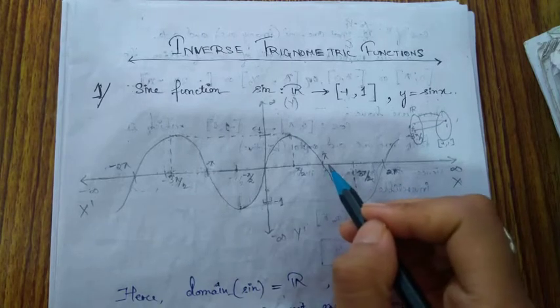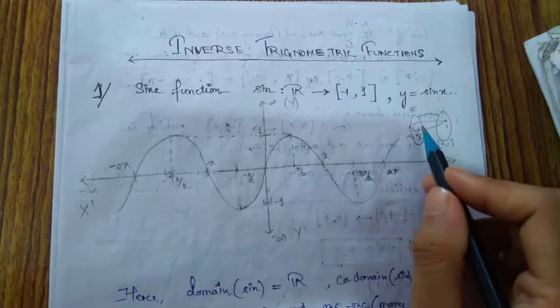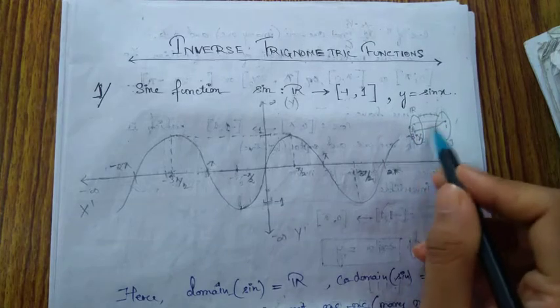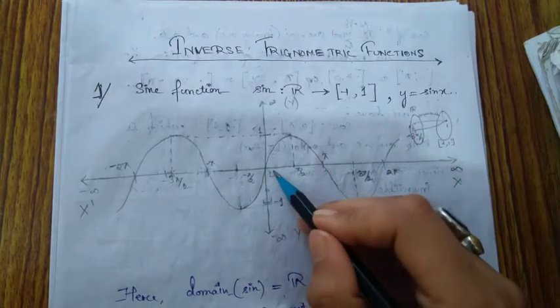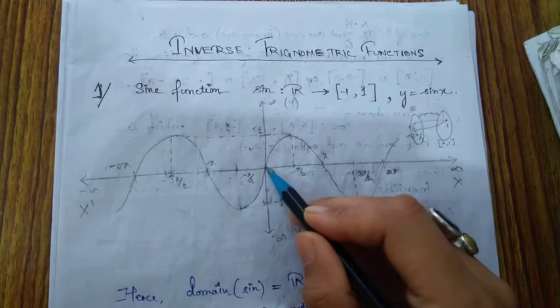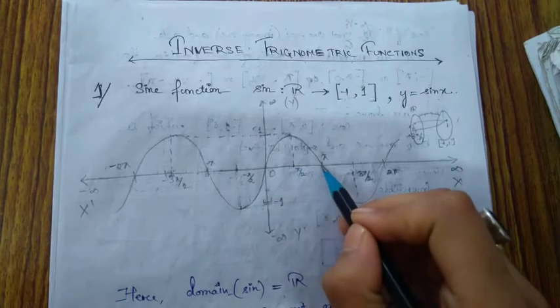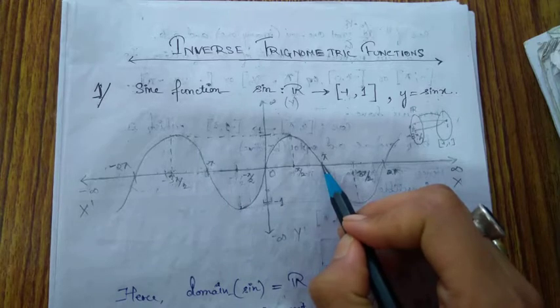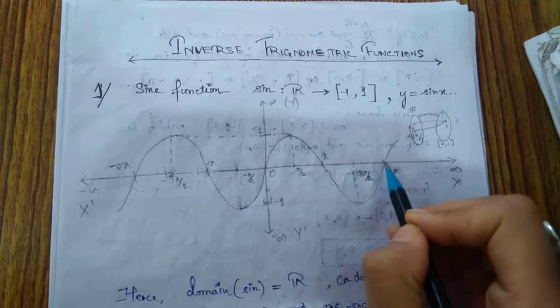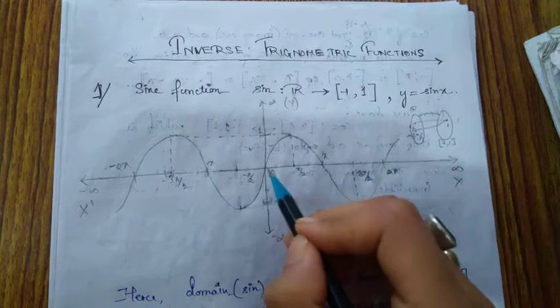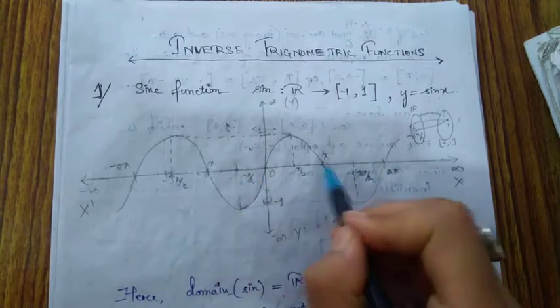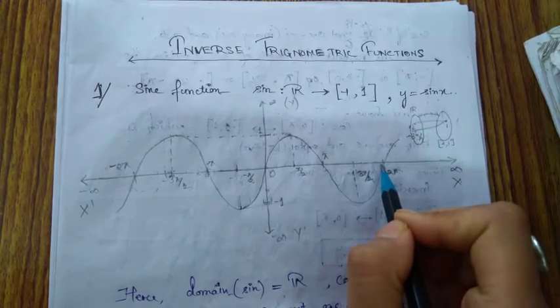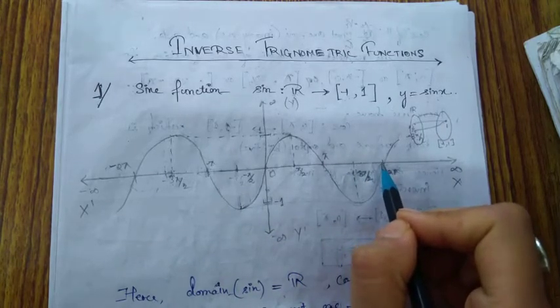Next we verify that this function is actually many-1, because two elements give one image. Sin 0, x equal to 0 gives y equal to 0. X equal to pi gives y equal to 0. X equal to 2 pi gives y equal to sin 2 pi, which is 0. It means for x equal to 0, pi, -pi, 2 pi, we are getting the same value of y, that is 0.